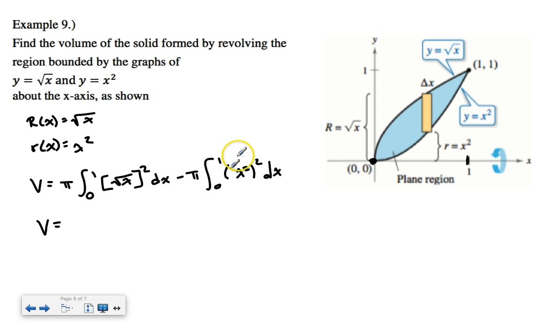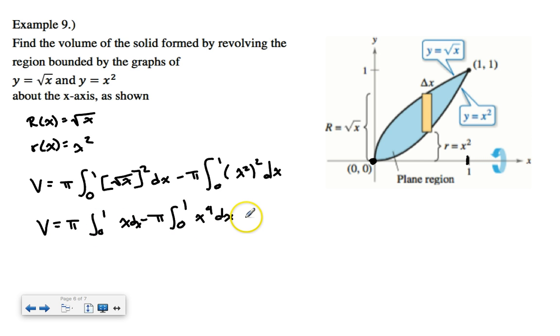So then my volume is equal to, if we deal with the squareds and then combine it, pi times the integral from 0 to 1 of x dx, minus pi times the integral from 0 to 1 of x to the fourth dx.